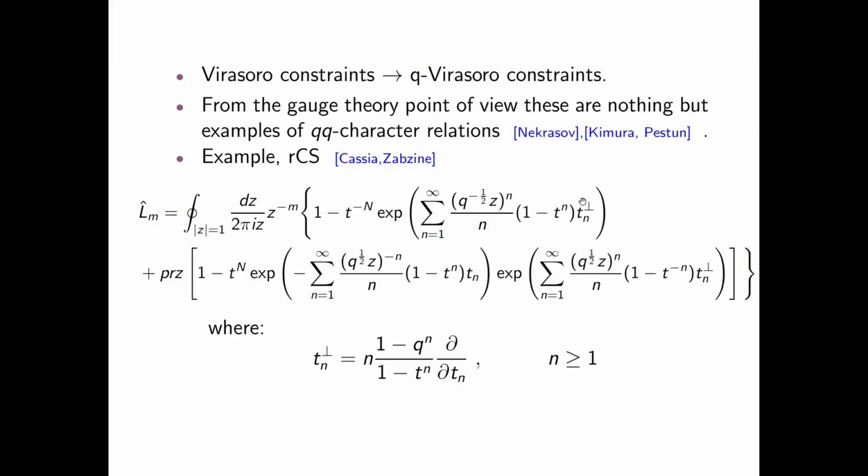So these t-perpendicular are just the derivatives in these t_n variables. And as you can see, they enter as exponents of derivatives. So these are actually q-shift operators in these variables.